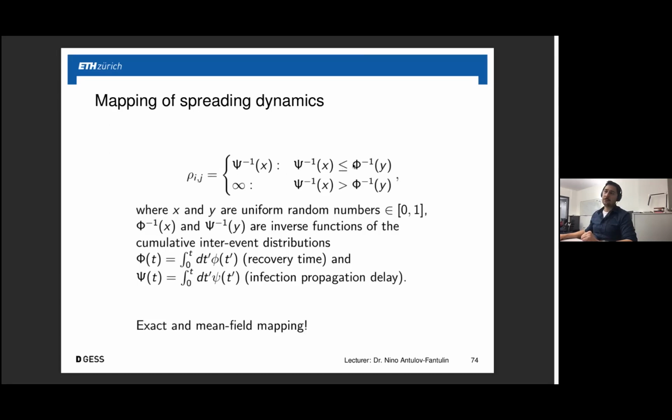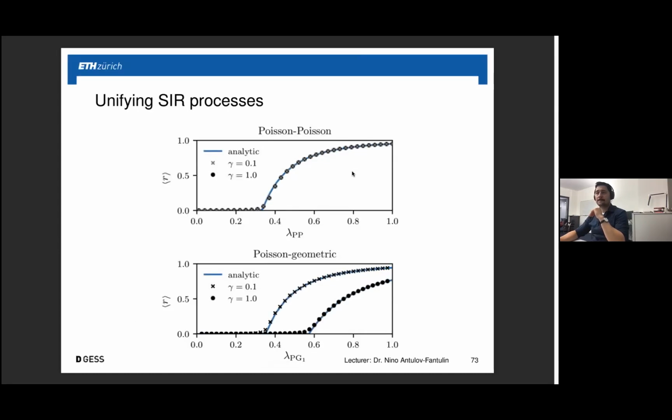You can now use not just the exponential distribution, but you can generalize it to arbitrary distributions. Okay. And then you can have a different type of non-Markovian spreading dynamics. You can also unify now discrete or continuous time dynamics. So now the only difference is, are you sampling a distribution that's discrete or a distribution that's continuous?